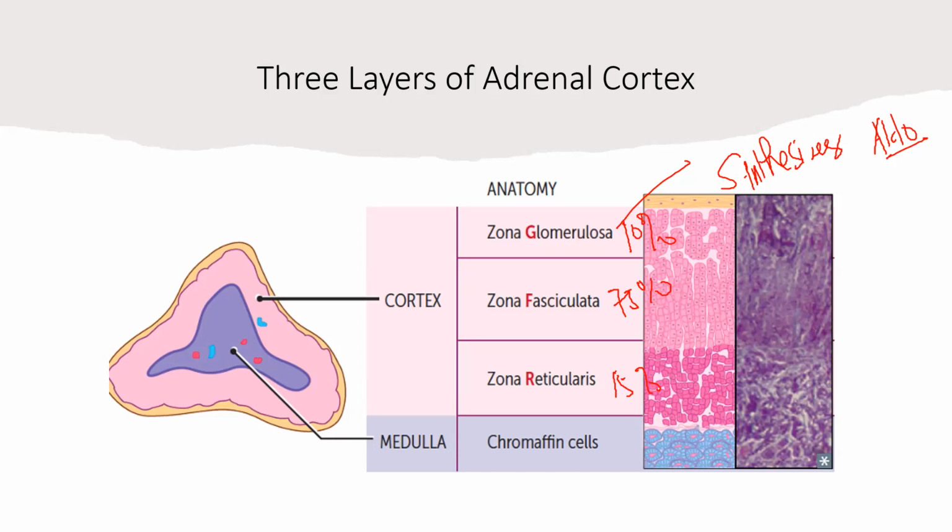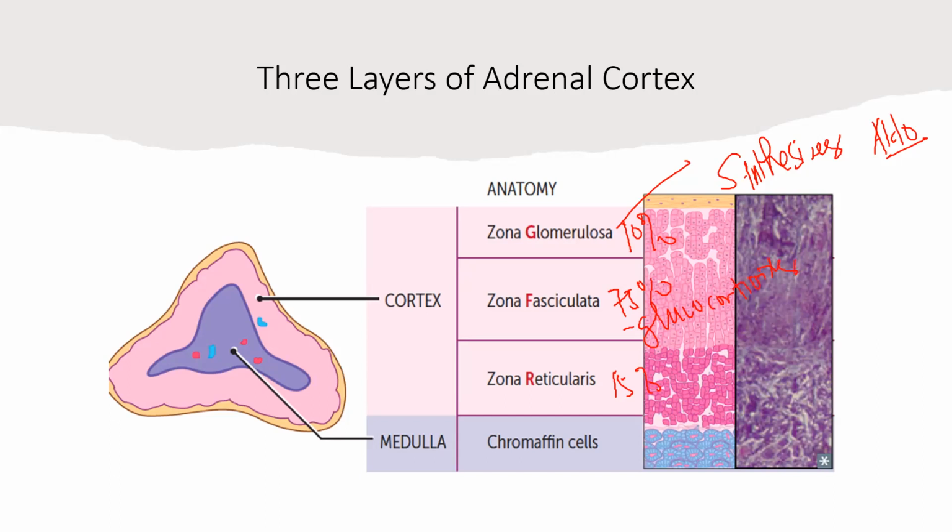Moving forward to our zona fasciculata, which is the F zone and approximately 75% of our adrenal cortex, is the one that is capable of synthesizing our glucocorticoids.